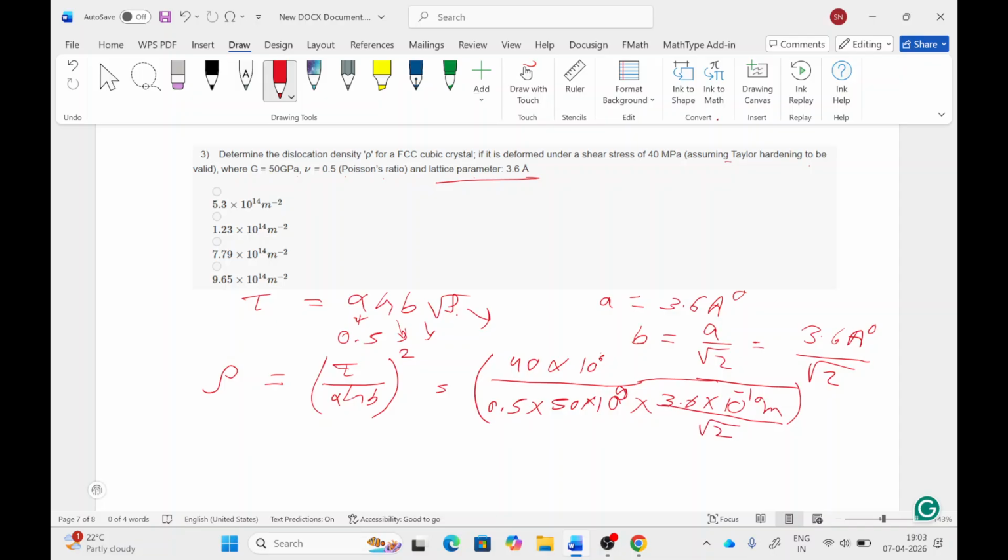So by calculating this, the dislocation density will be 7.79 into 10 raised to power 14 per meter square. So the third option is correct for this question.